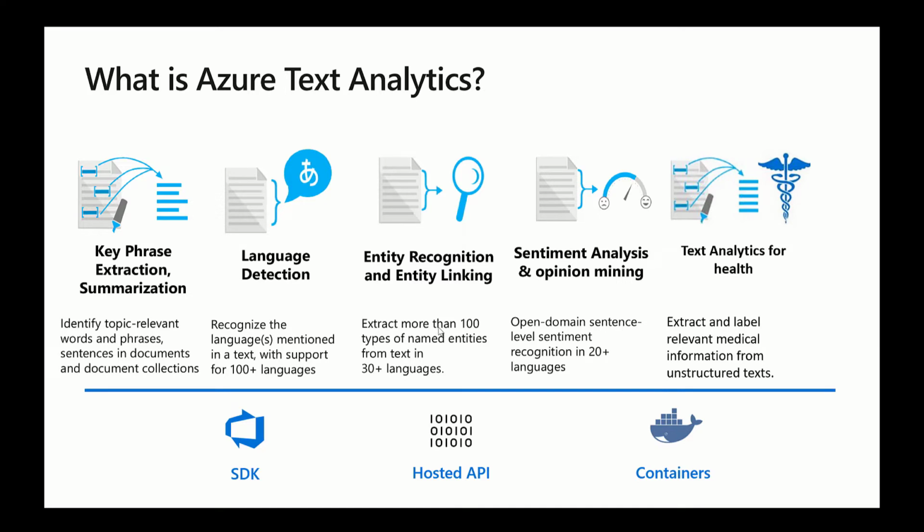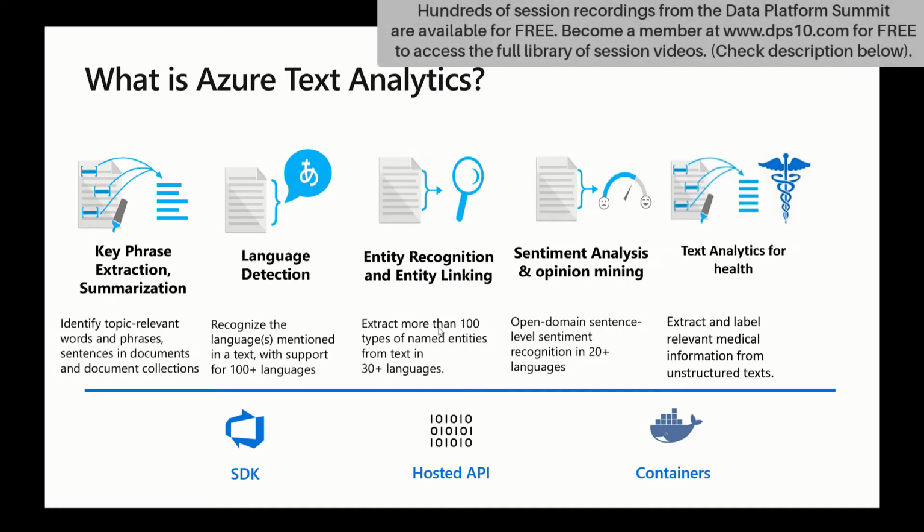And of course, you can do language detection, entity recognition, sentiment analysis, and mine opinions as well, which is like going deeper into your sentiments, and also analyze healthcare data. So text analytics for health is one of our latest offerings as well. You can find relevant medical information. So we have a diverse set of features available to serve multiple use cases.